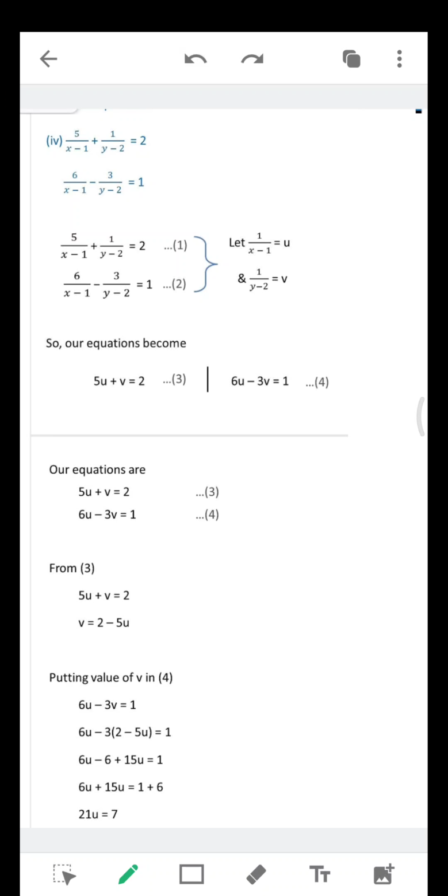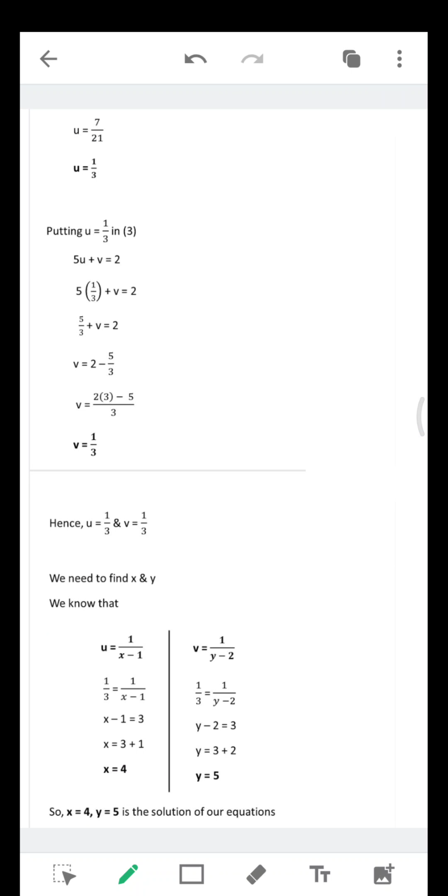So what is our equation number 4? Equation number 4 is 6u minus 3v is equals to 1. But from equation number 3, what is v value? 2 minus 5u. So in place of v I am writing 2 minus 5u, simplifying it carefully by putting proper signs. So this becomes minus 6 and this becomes plus 15, not minus 15. Okay, minus into minus plus 15, u is equals to 1, and simplifying it further I'll get 21u is equals to 7, and further if I find the value of u, 7 by 21, that is 1 by 3.